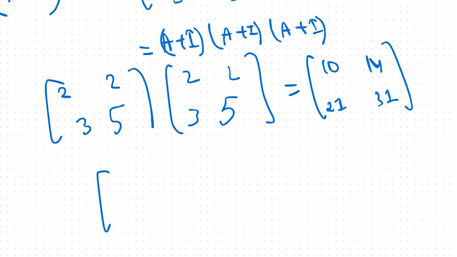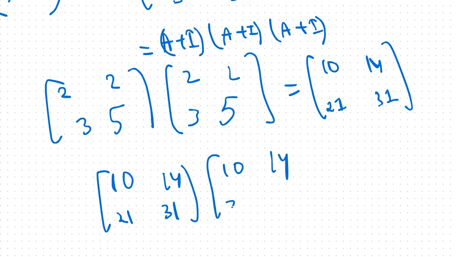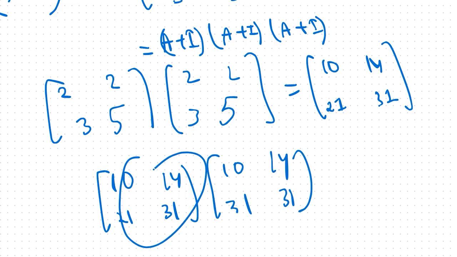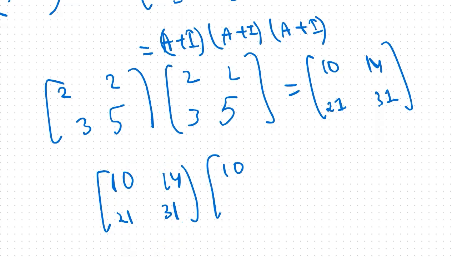For this you need to multiply with the 2 2 3 5. It's not like we multiply like this. We have to do it with 2 3 5.